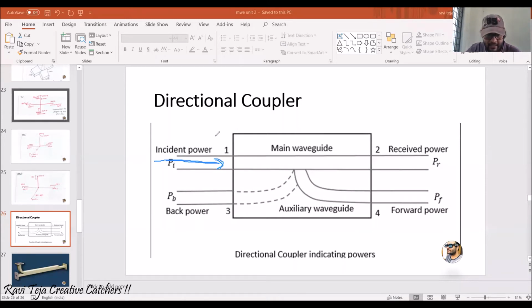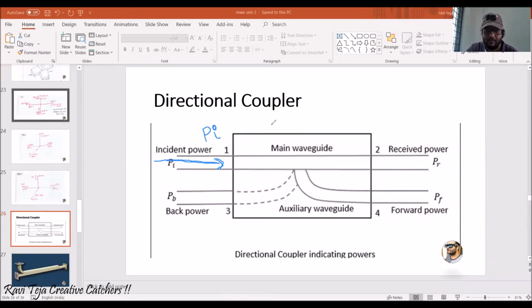At this particular port, this is called PI, which is nothing but the incident power at port 1. Through whichever port we are giving a microwave signal, that port will become our incident port.